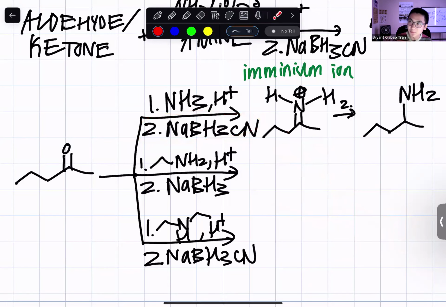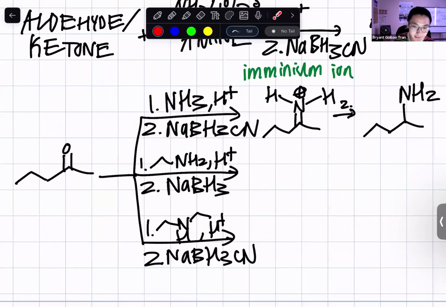But we also have to think about what those reducing agents can reduce if they're present. In this molecule here, it didn't really matter. We could use any of the reducing agents we talked about: lithium aluminum hydride, sodium borohydride, NaBH3CN, or H2/Pd, and we would get the same product. But just to be consistent, we usually use NaBH3CN for reductive amination.